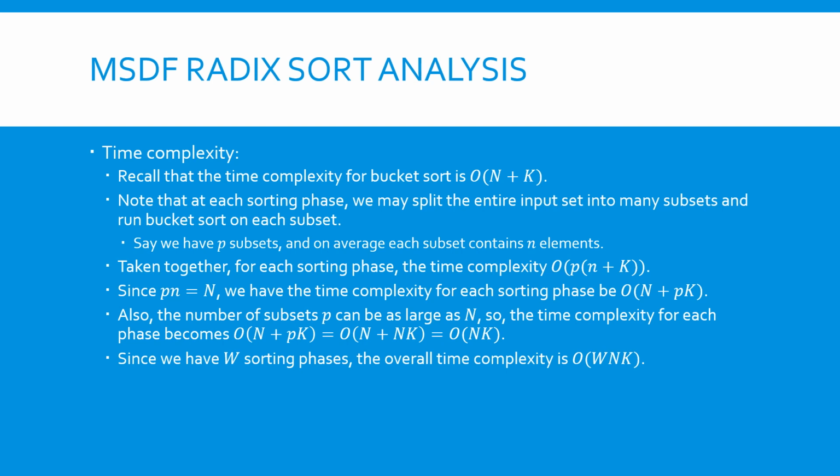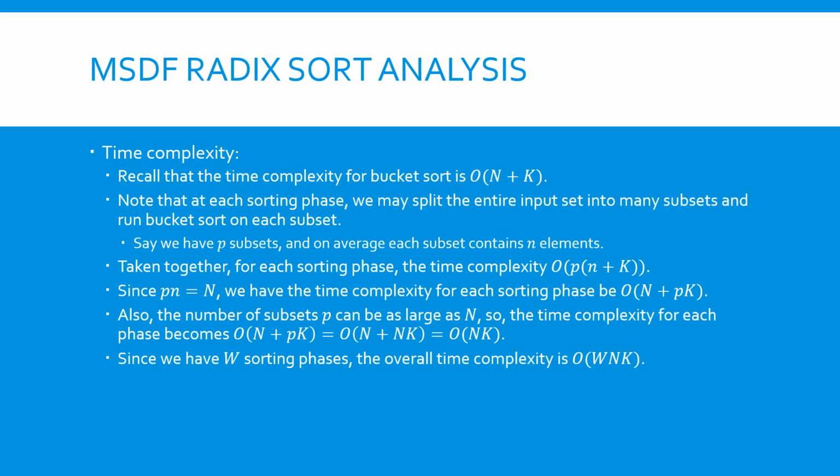Because MSDF Radix sort is applied to string groups, let the average size of each string group be lowercase n, and the number of groups be p. In this case, we have small n times p be the uppercase N, or the total number of strings to be sorted. To sort each group, it requires O(small n plus k) time.